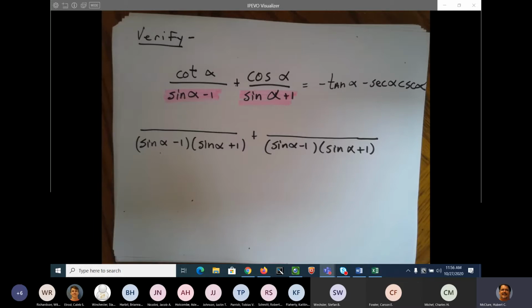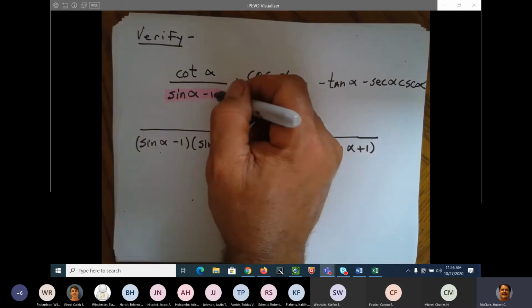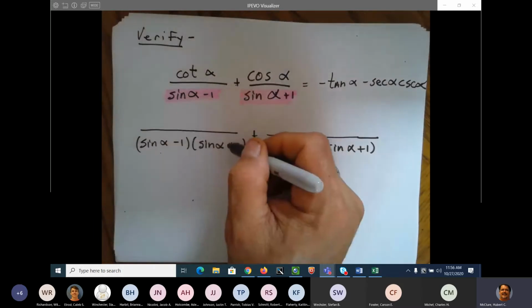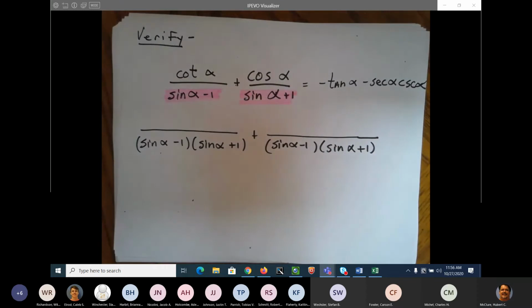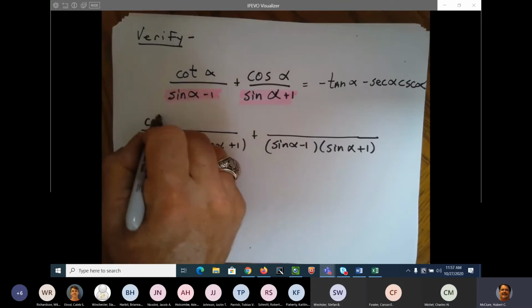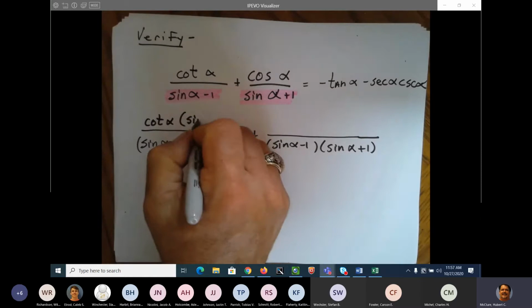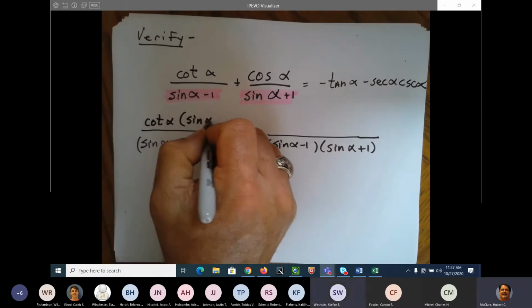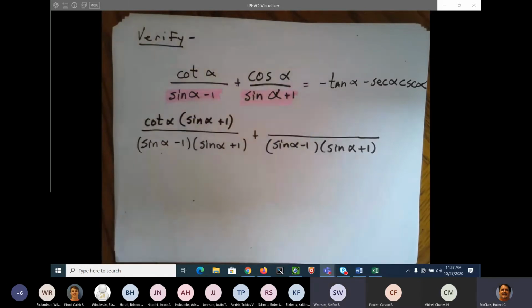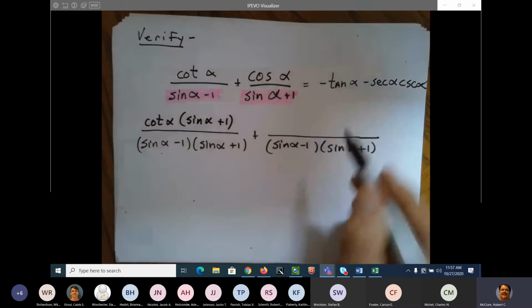Now let's convert. How many times will sine minus 1 go into this? One time. Sine plus 1 times cotangent times sine plus 1. How many times will sine plus 1 go in this side?